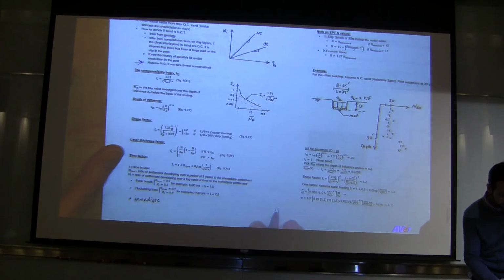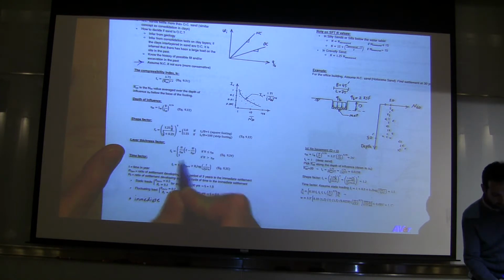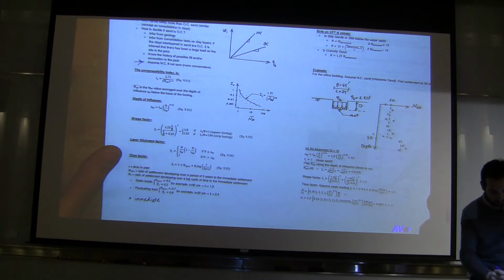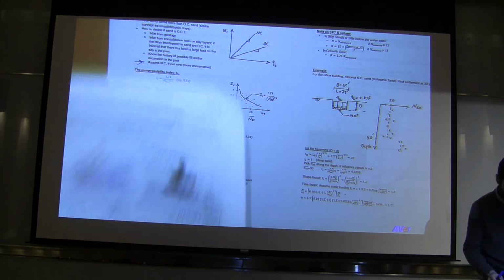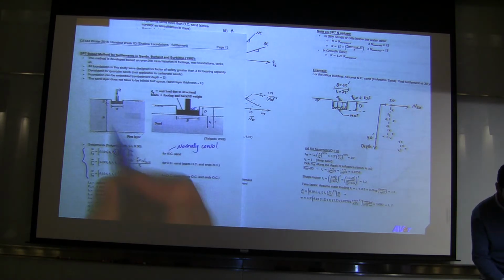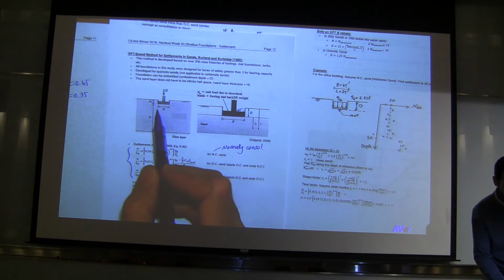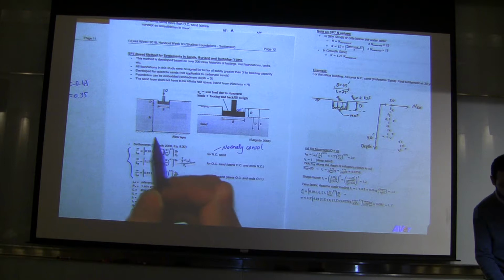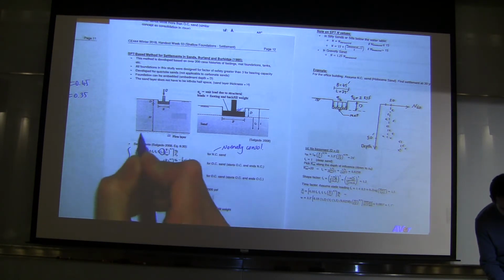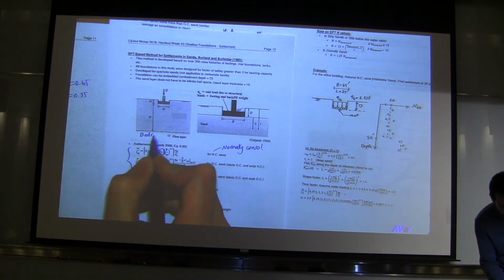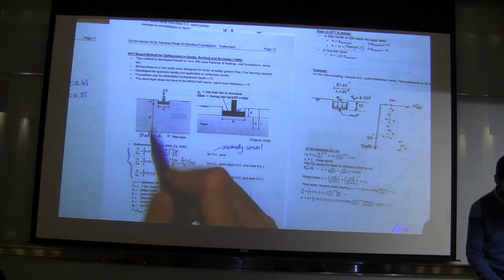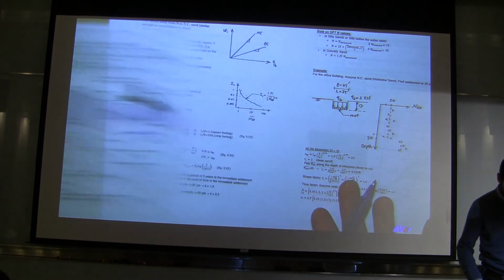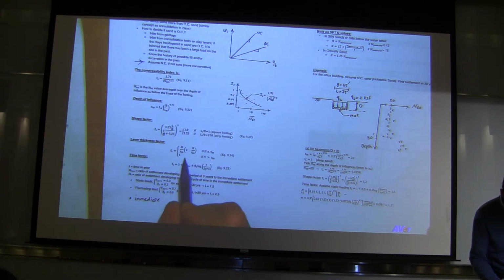Layer thickness factor, that's FL. It depends on H, and just to remind you, going back to page 13, H is the distance from the base of the footing to your firm layer, or the bedrock. So this is your bedrock. That depth is H, and you can use this equation here.